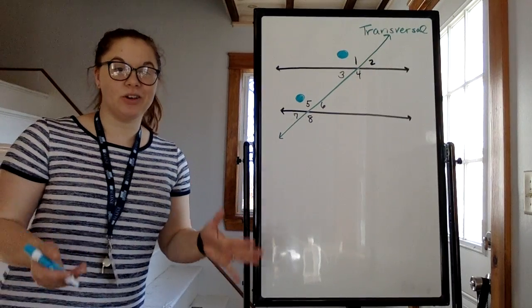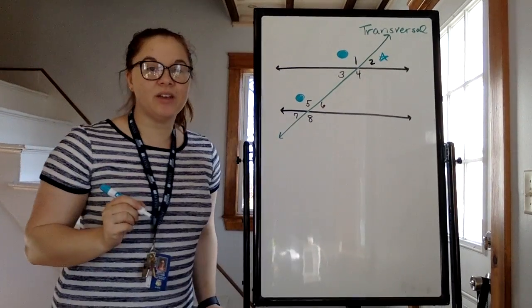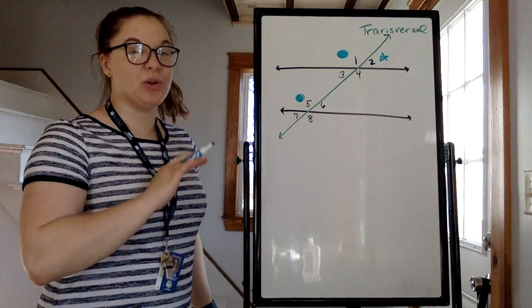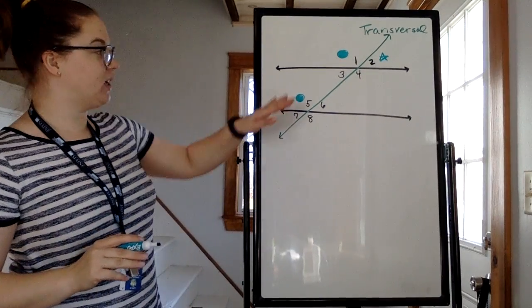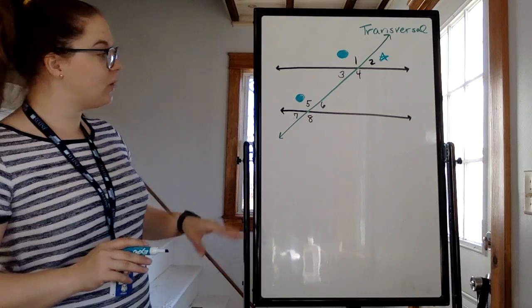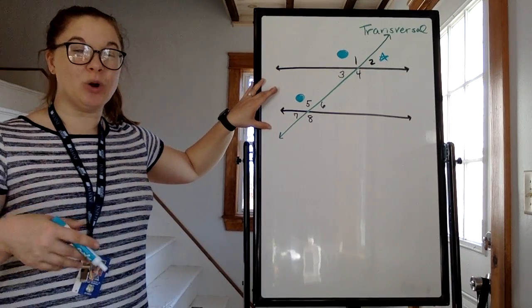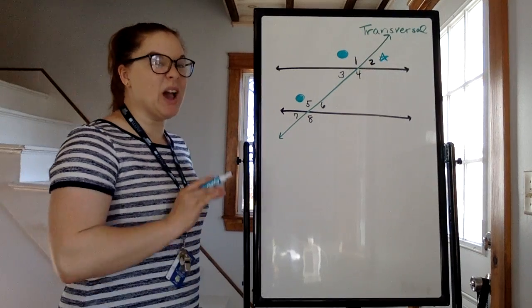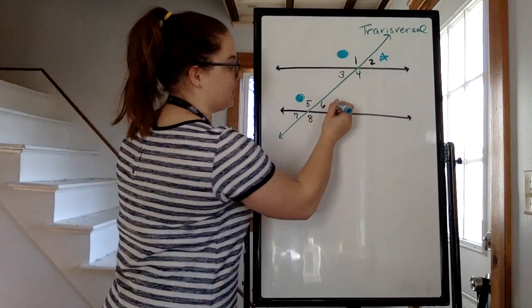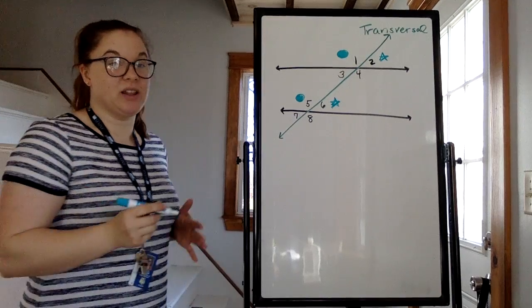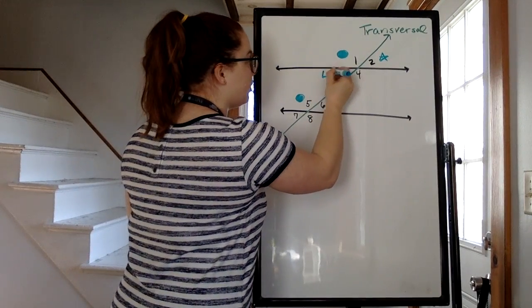So now let's take a look at angle 2. Angle 2 is in the upper right-hand corner of this transversal intersection. So if we come down here, the angle that's going to be congruent with it, its corresponding angle, is also in the upper right-hand corner. It's the 6. And we can do that with 3, that lower left-hand corner.